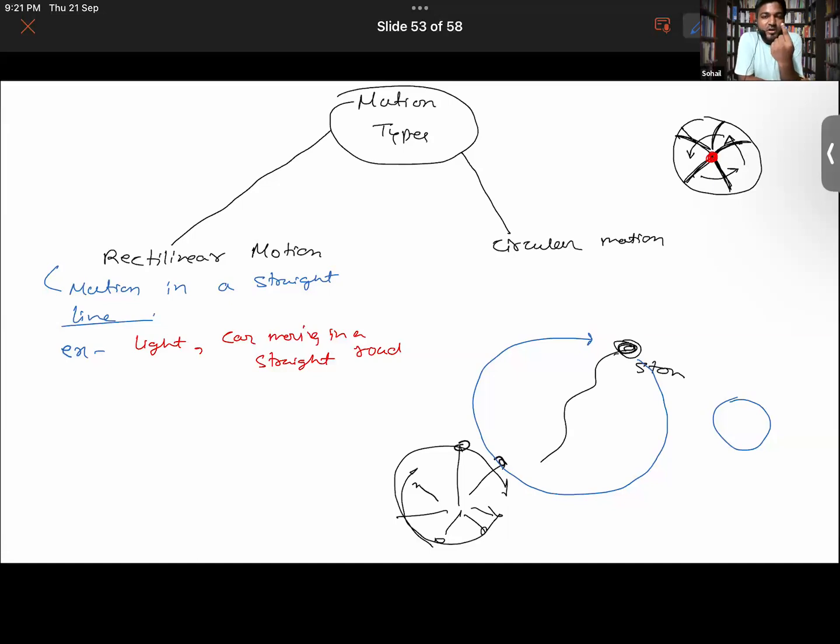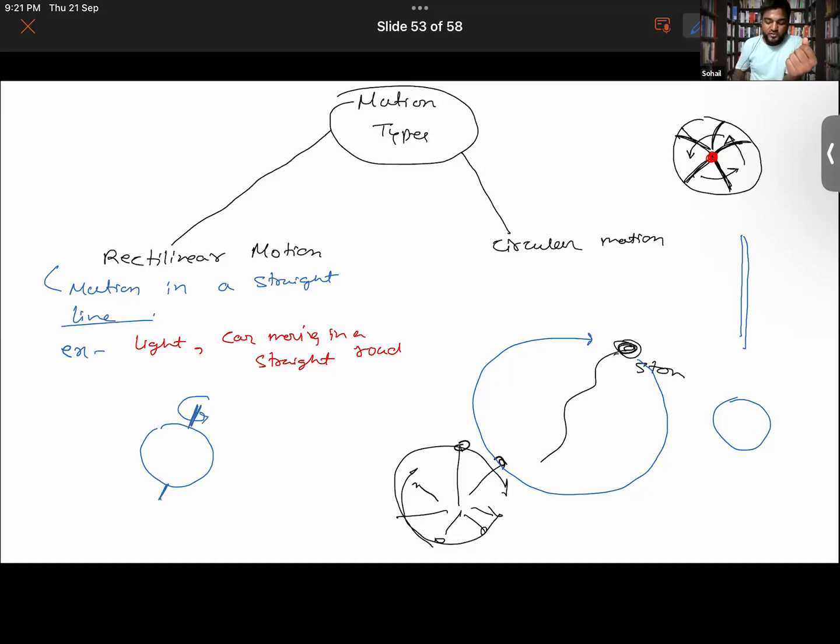And in all the examples you have cited, there's an axis around which the motion occurs. There will be a center point around which the circular motion occurs. Without the center point, there will be no circular motion. Whether it's the rotation of Earth on its axis, the Earth is moving around its axis, so there's a center point for Earth as well.